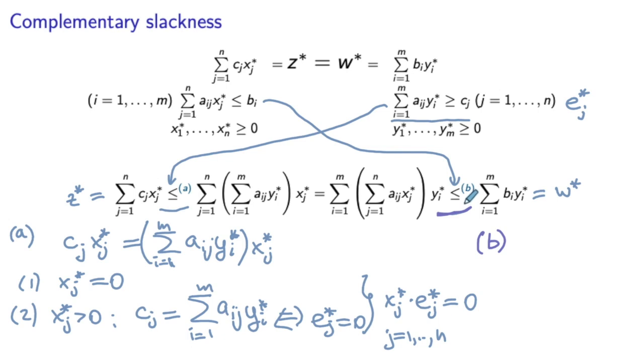So let me just write down the conclusion that in order for this inequality to hold at equality, we must have the product of yi star and si star equal to 0 for i between 1 and m, where si star is the slack variable of the ith primal constraint taken at the optimum.